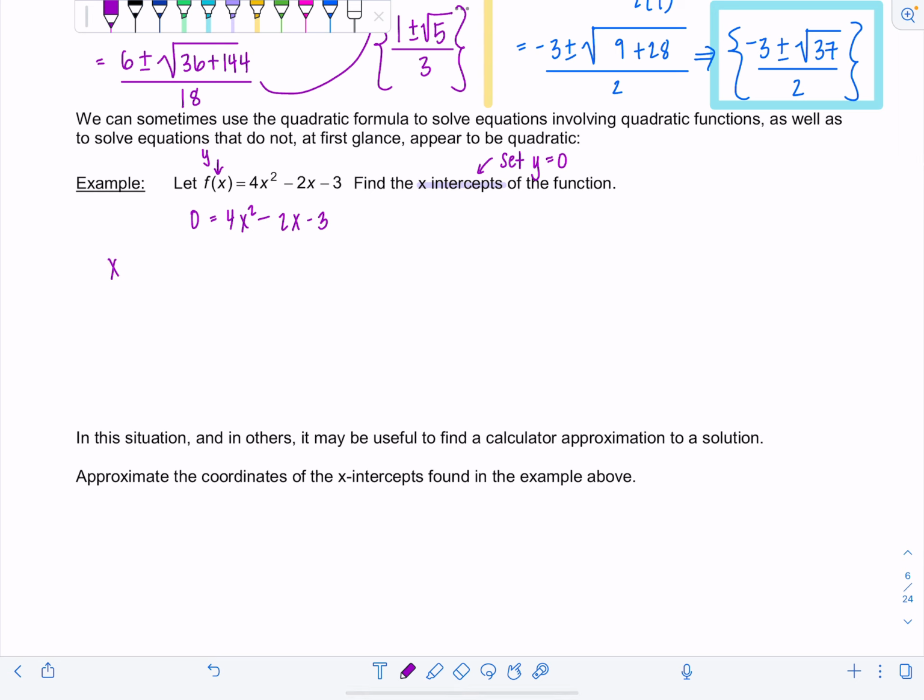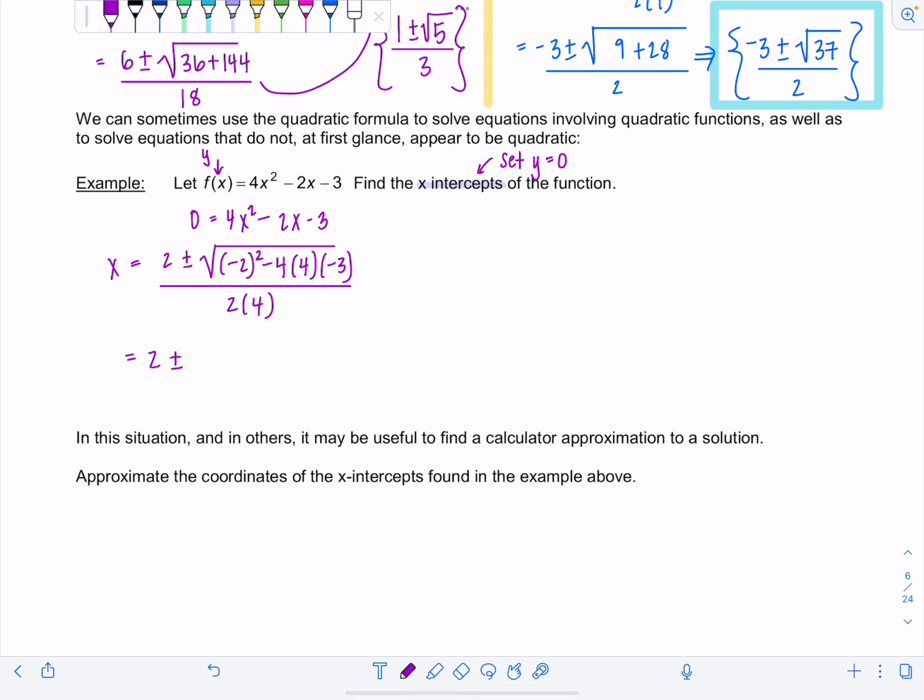So let's see here, we've got x equals, opposite of b is going to be positive 2 plus or minus the square root of b squared, so negative 2 in parentheses squared, minus 4 times negative 3, all over 2 times 4. Oh, so beautiful.